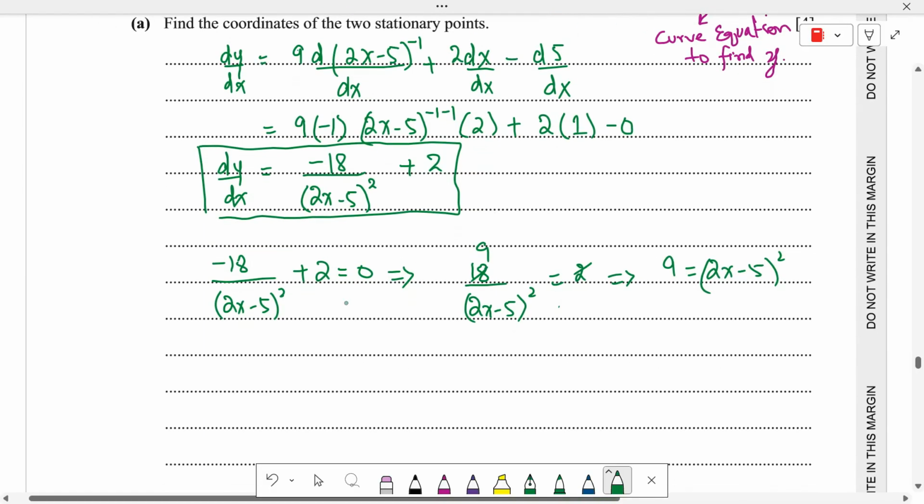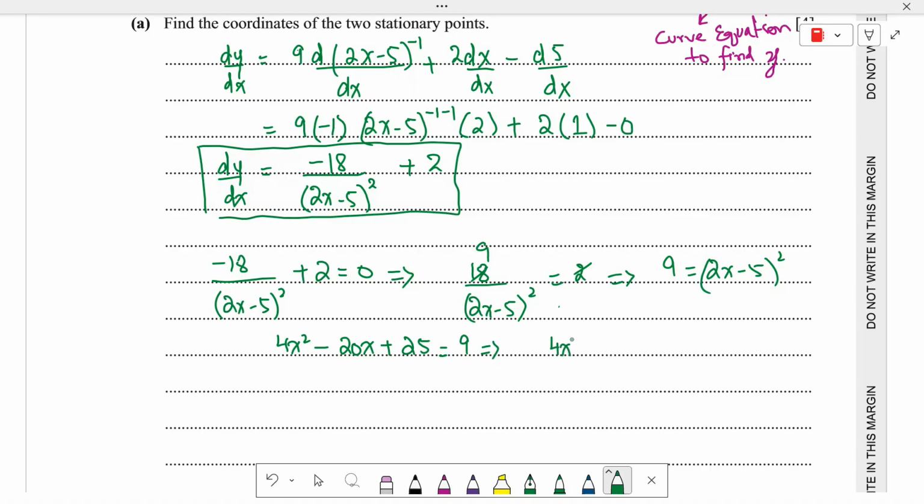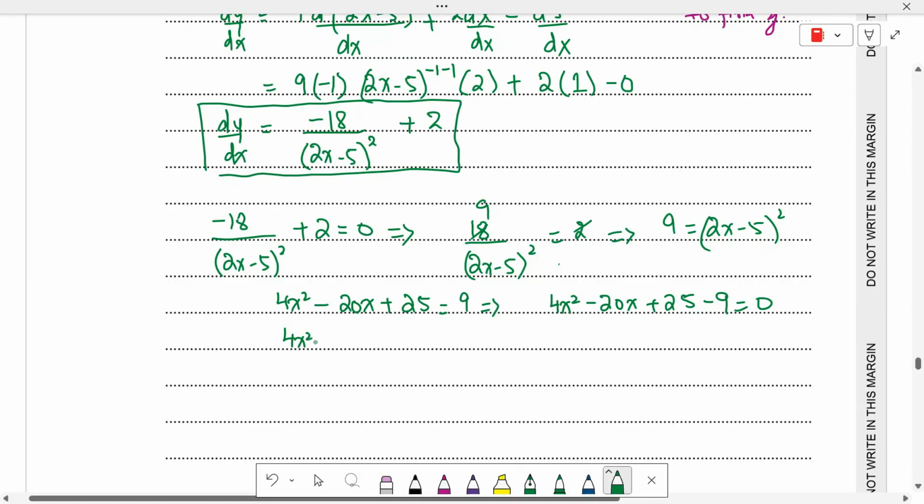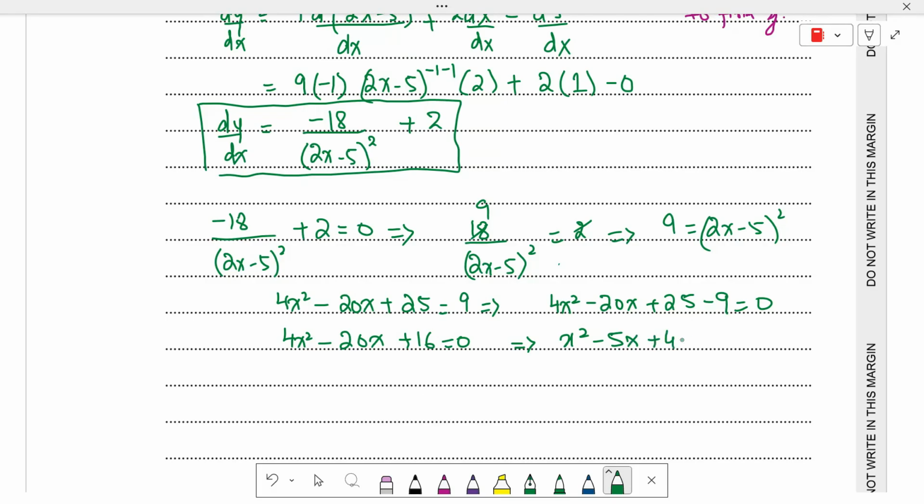Okay, this is 4x square minus 20x plus 25 equals 9, so 4x square minus 20x plus 25 minus 9 equals 0, which is 4x square minus 20x plus 16 equals 0, and this is x squared minus 5x plus 4 equals 0.